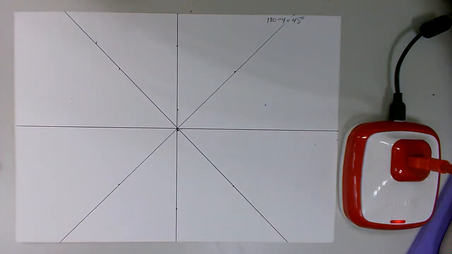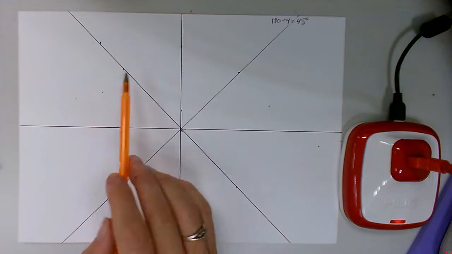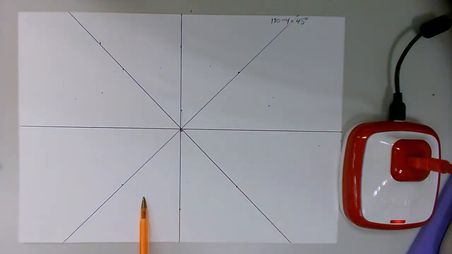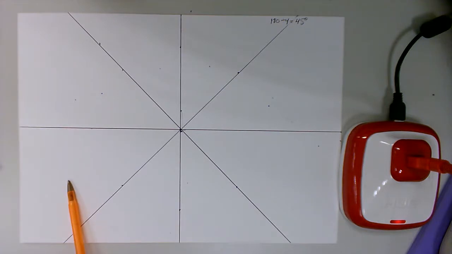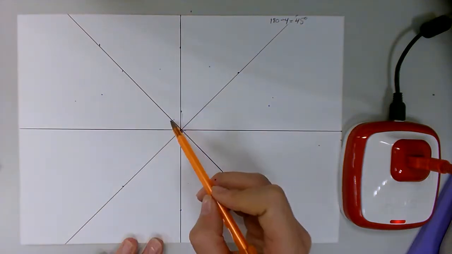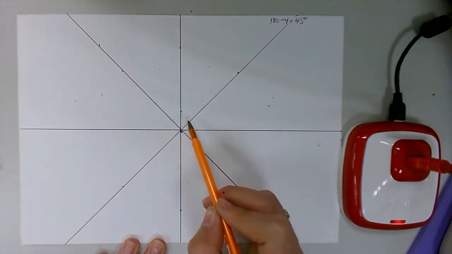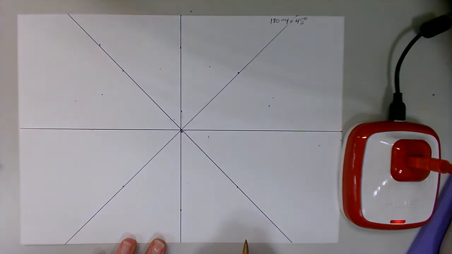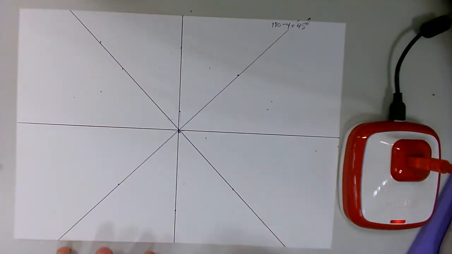Now I have 1, 2, 3, 4, 5, 6, 7, 8 different sections on my page. These all have the exact same angle because I measured it with my protractor. So I should have the exact same angle throughout my work.